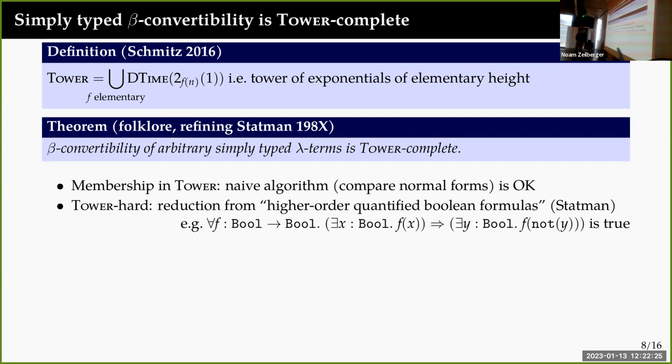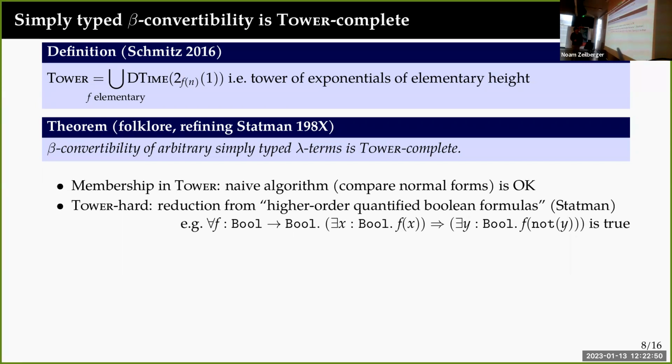It's a reduction from the satisfiability problem for higher-order quantified Boolean formulas. So these are formulas like this. You know that the quantified Boolean formula problem is the canonical PSPACE-complete problem. It's like SAT, except that you don't just have there exists a Boolean such that, but you can also put for all Booleans, and so on.